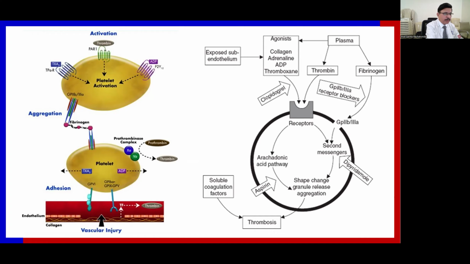Aspirin acts on this particular cycle. Clopidogrel acts here. GP IIb receptors act here. So there are 3 types of antiplatelet agents we have: one is aspirin, the other is clopidogrel, and the third is GP IIb/IIIa inhibitors. Where they exactly act, I have shown there.